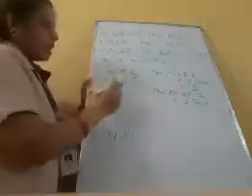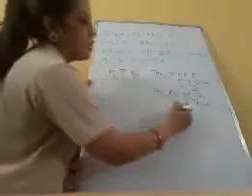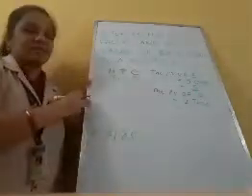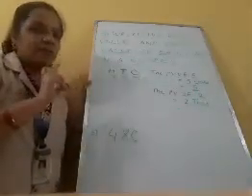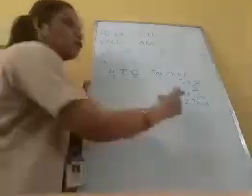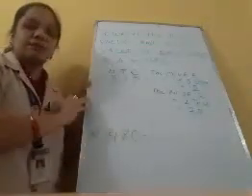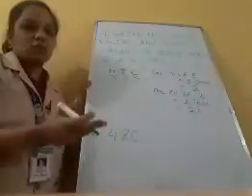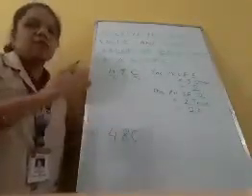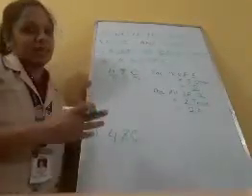What is the meaning of 2 tens? In 10, 1 0 is there. So 2 tens means you put a 0 with the given digit. 2 tens, 20. 3 tens, 30. 4 tens, 40. 5 tens, 50. Like that.